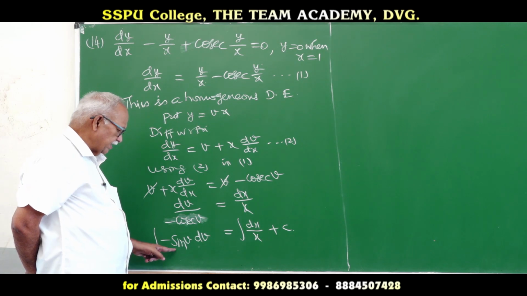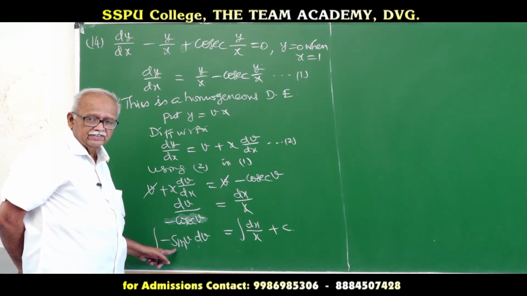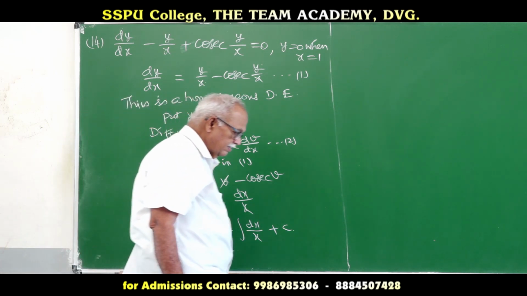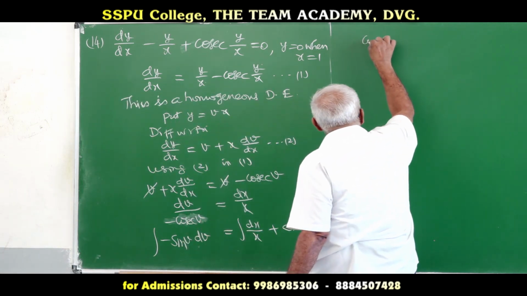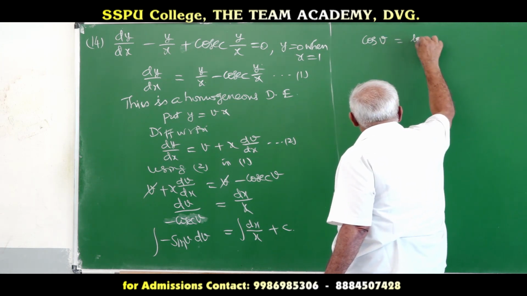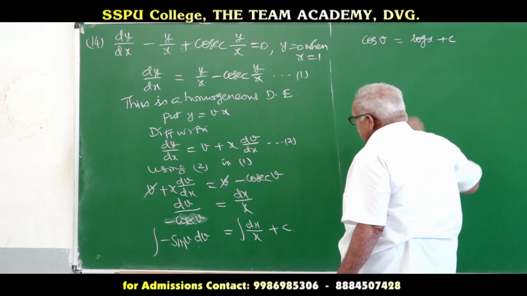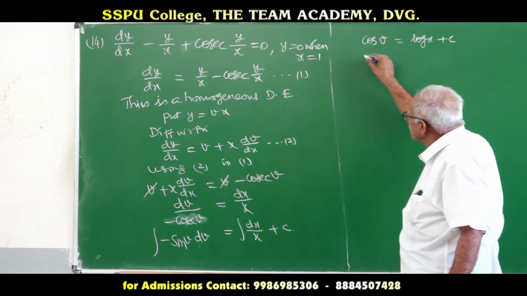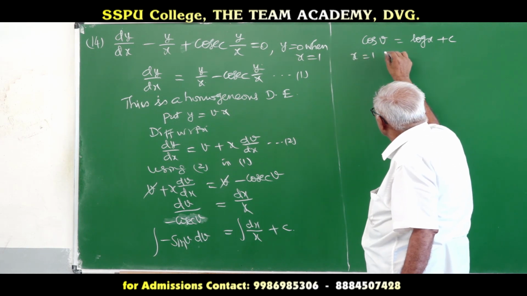Now you see integration of minus sin v is cos v. So it is simple integration, which is cos v is equal to log x plus c, the general solution. Now we have to put x is equal to 1, y is equal to 0.